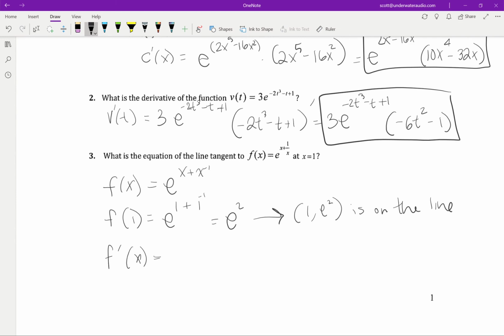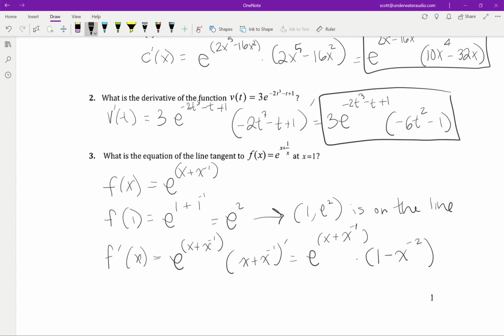So I've got an exponential function here, and I've got an outside function and an inside function. The derivative of the outside is just still e to the x. And then the derivative of the inside I'll work on next. So e to the x plus x to the negative 1 power times 1 plus, oh actually 1 minus x to the negative 2.